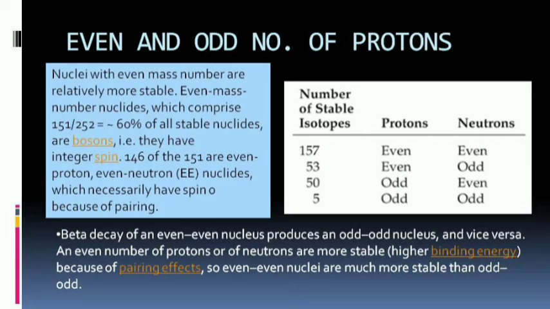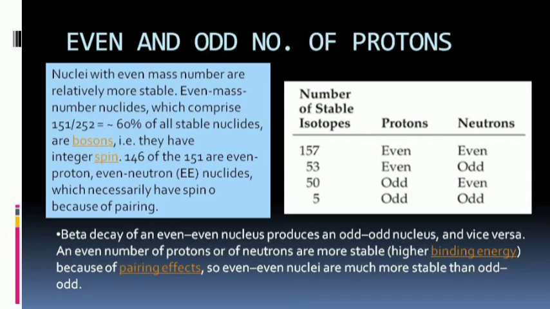So the even condition is more stable, while the odd condition is least stable. Even protons and even neutrons give a high stability condition, and odd protons and odd neutrons give a low stability condition.